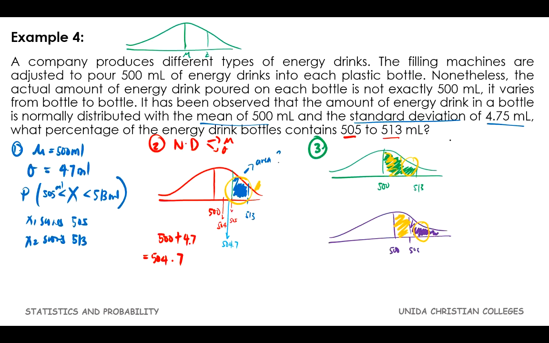itong formula natin, class. Z sub 2 is equal to X sub 2 minus the average over standard deviation, minus Z sub 1 is equal to X sub 1 minus the average over standard deviation. Our X sub 2 is 513 minus 500 all over 4.75.